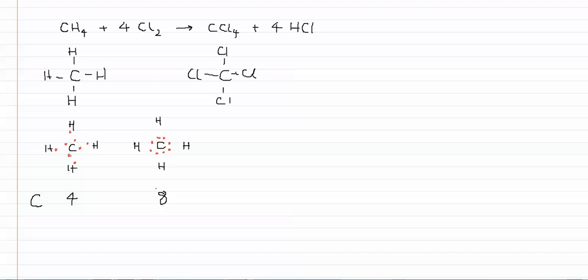And to get the oxidation number, we say the number of electrons shared minus the number in the ionic model, which in this case is 4 minus 8, which gives us minus 4.